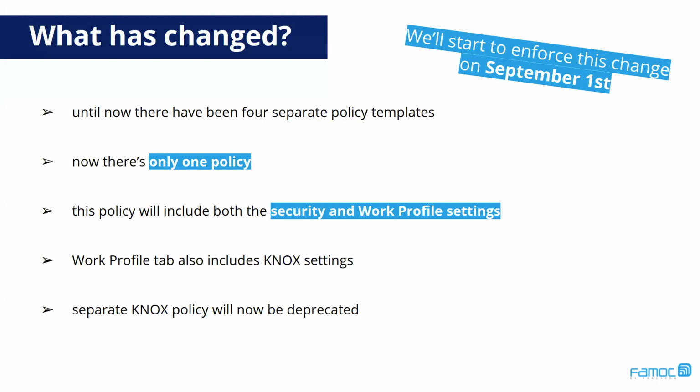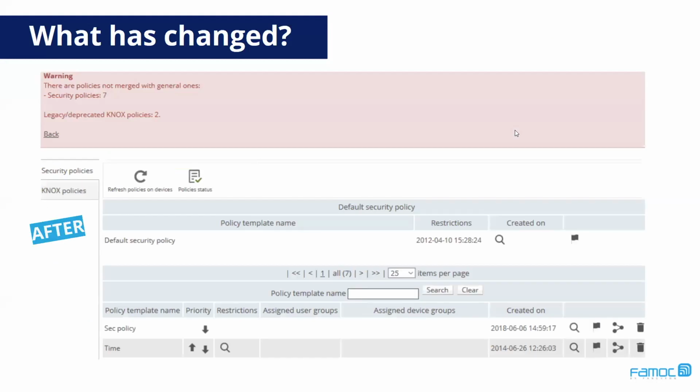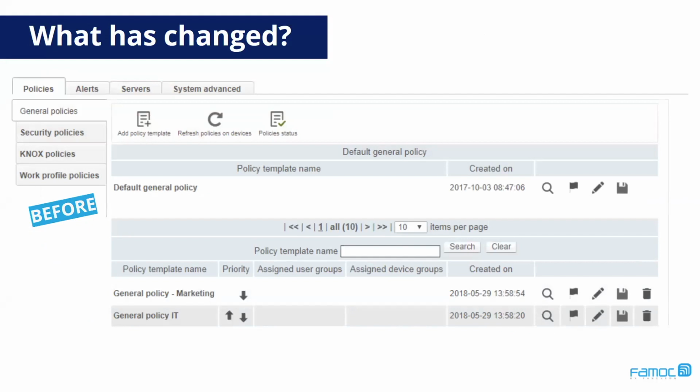and you will have some time to adjust to these changes. So what has changed? Like I said, previously we had 4 policies: general, security, NOx, and work profile. And if you wanted to set up security, work profile, you had to create another template.